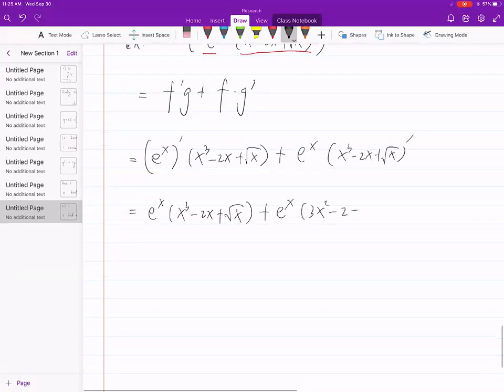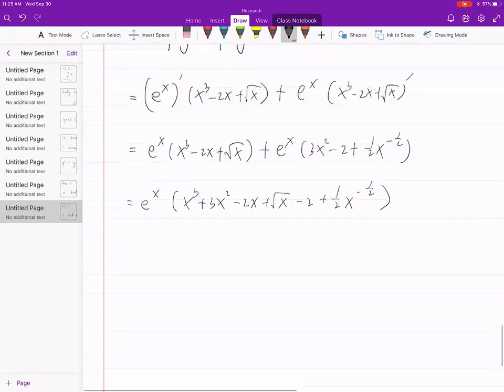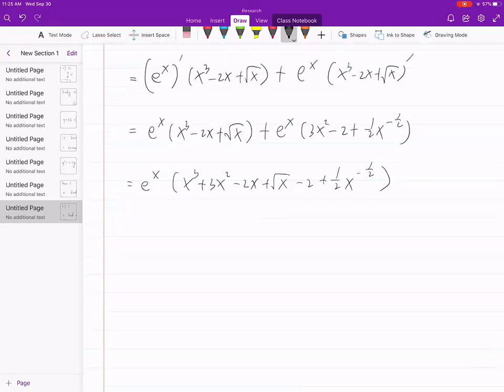Do each. Finally, combine. And there's no more way we can simplify anything, so let's just keep this as the answer.